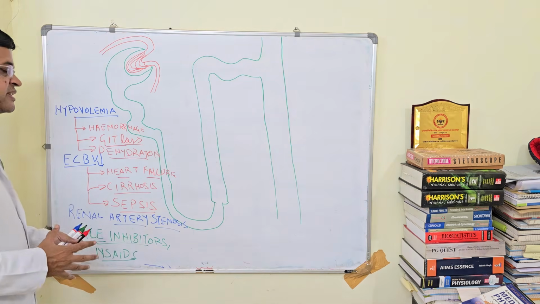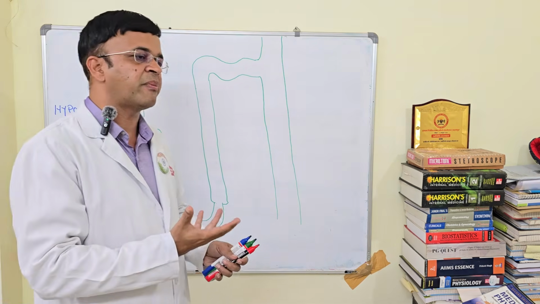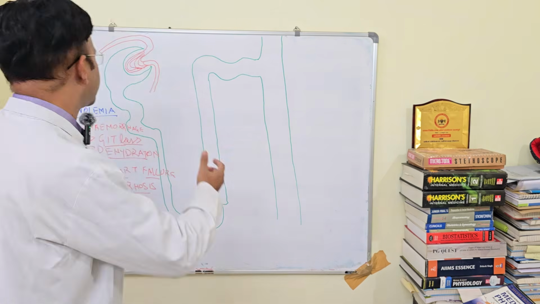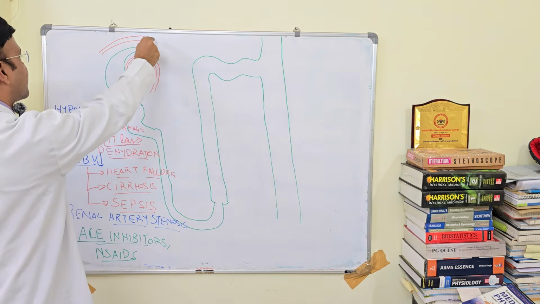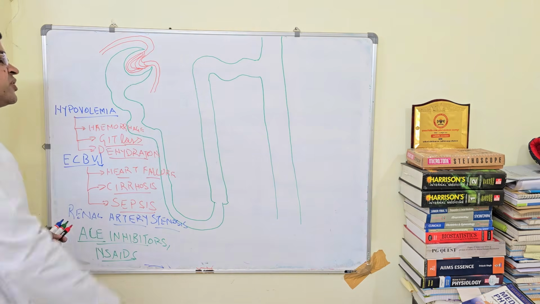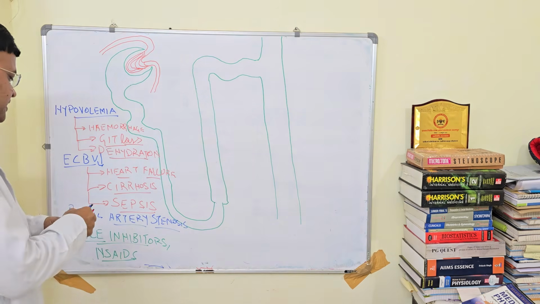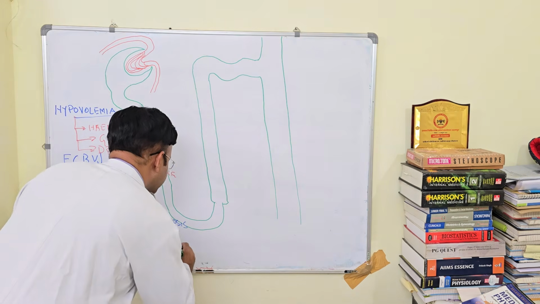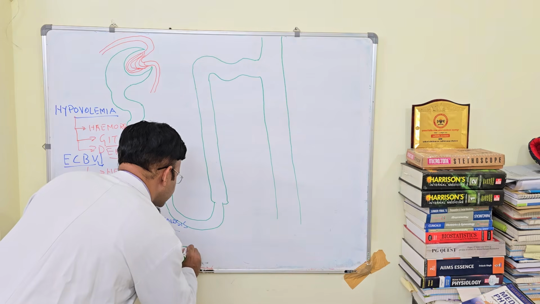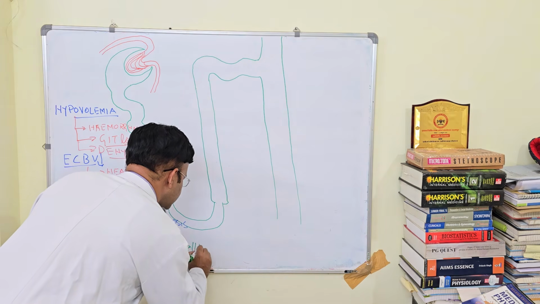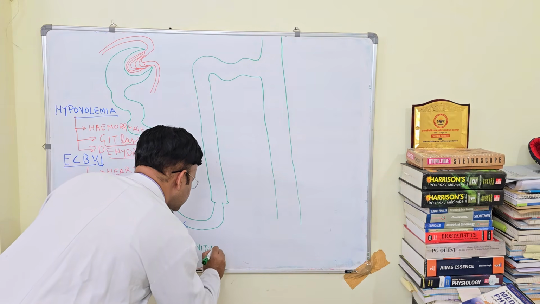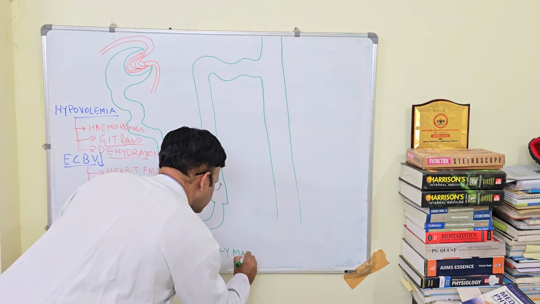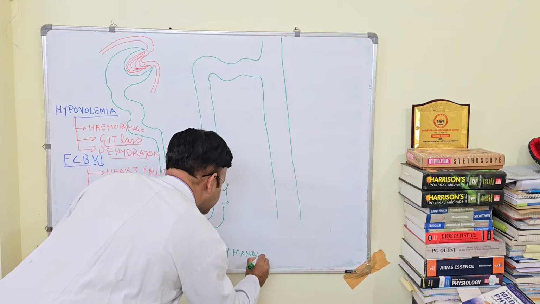Now in all these conditions the kidney initially will try to manage, right? There are a myriad of mechanisms which will try to dilate your afferent arteriole and constrict your efferent arteriole, right? So initially the kidney will try to manage. And how will it initially try to manage?